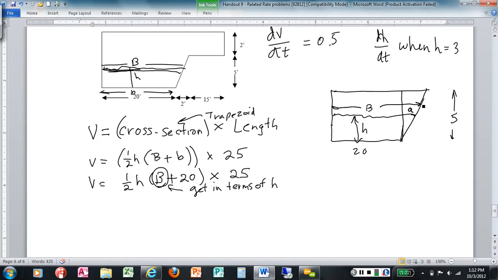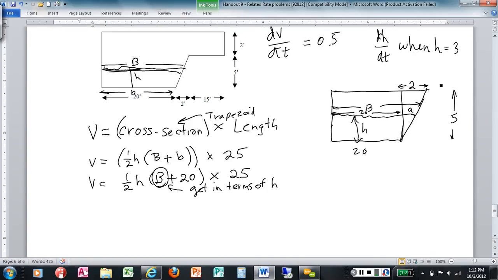This part here is 20. This is H. Isn't this 2 feet right here? That'll be significant in just a second.